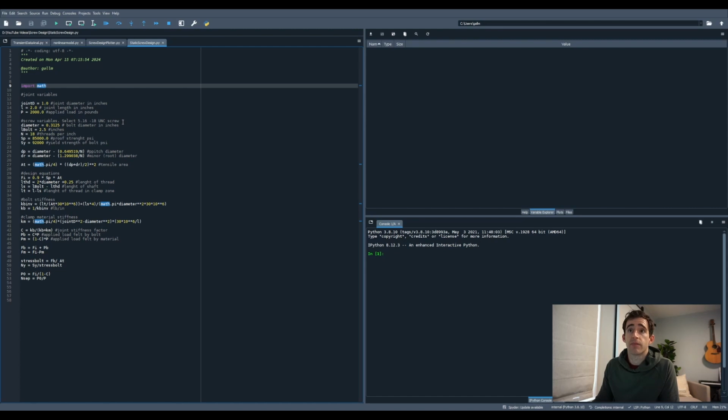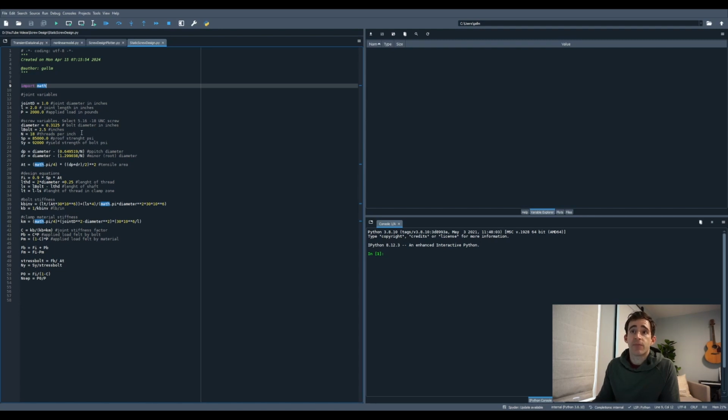Next, I'm going to put my screw variables in. For this, I selected a 5/16-18 UNC screw, class SAE 2. So that has a bolt diameter of 5/16 or 0.3125 inches. I went with a 2.5 inch long bolt so that there's a little bit of thread on the other side of the nut.